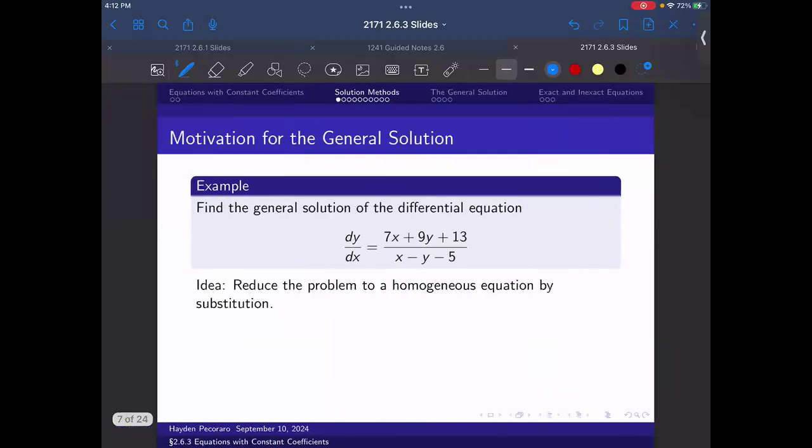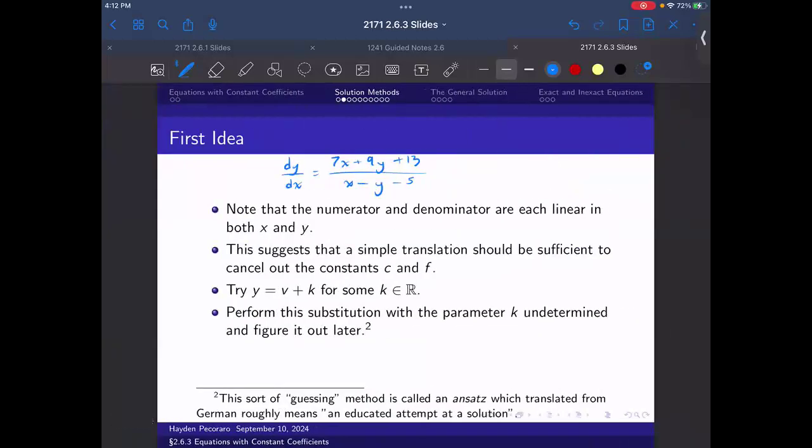Make sure I got the 9 right. Plus 9. Okay. So it should be really easy to just make some sort of substitution here for y that maybe cancels out the 9 and then leaves us with v minus 13 or something here.